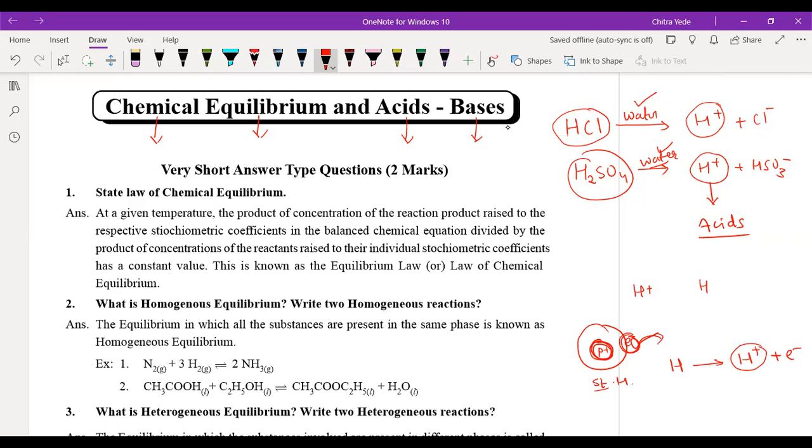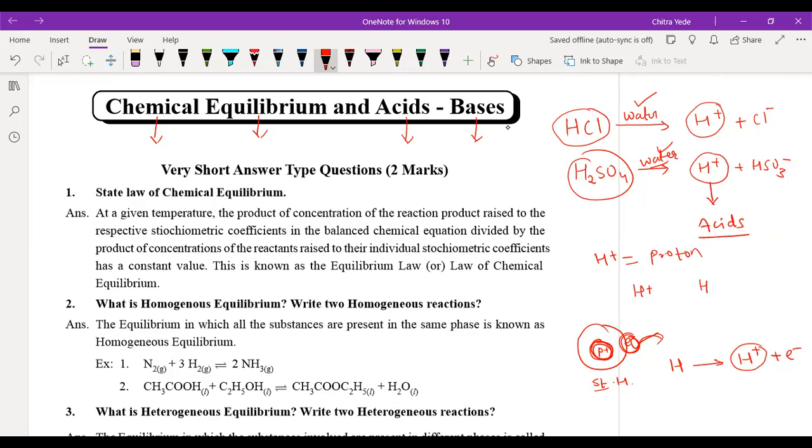That means H positive is nothing but one proton. So can we consider H positive ion equal to proton? Yes, because at the H positive ion state, hydrogen has neither neutron nor electron, so it can be considered as a proton.